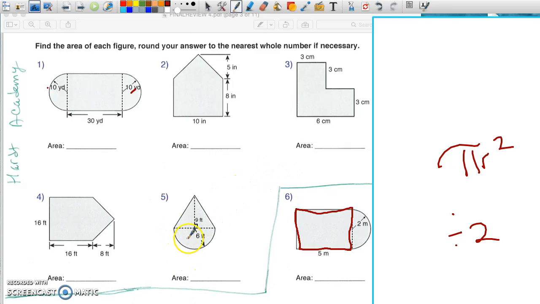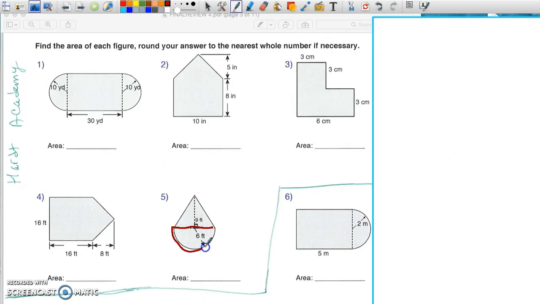Same thing with this one, which I might have time to put in. Let me figure it out. Let me do this one. I'm going to figure out the half of this circle. Here we go. So if I know it's pi radius squared, that's 3.14 times the radius, which is 6, but square it, which is 36. The radius is 6. 6 squared is 36.